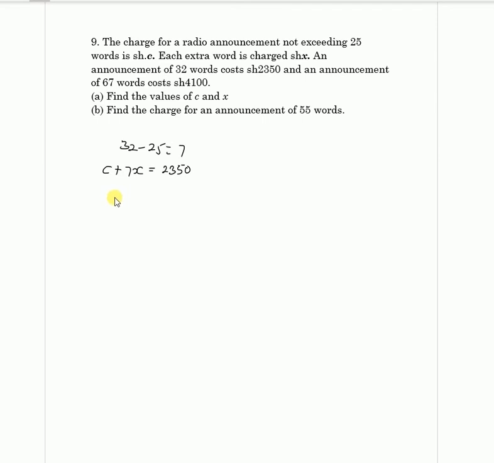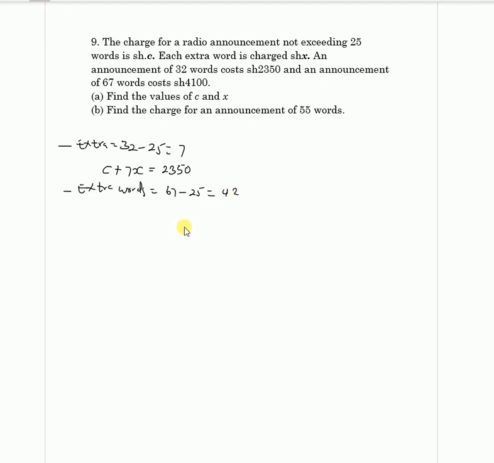That is case 1. Then the second case: for an announcement of 67 words, what is the extra? Extra words is equal to 67 minus 25, which is equal to 42.